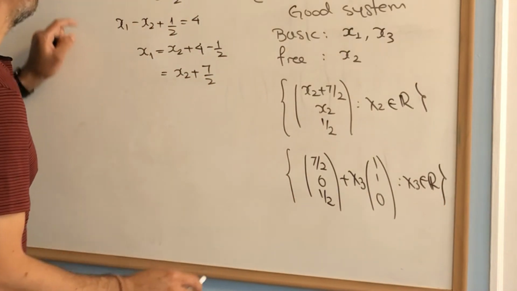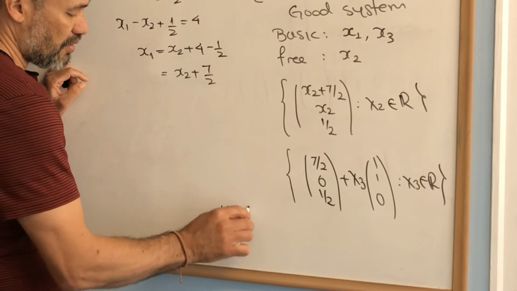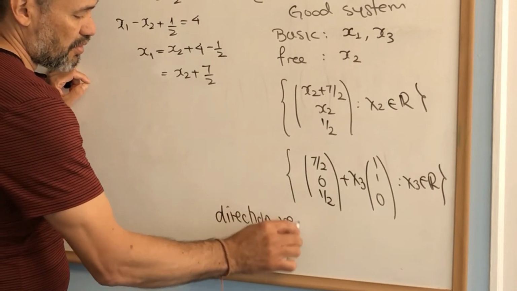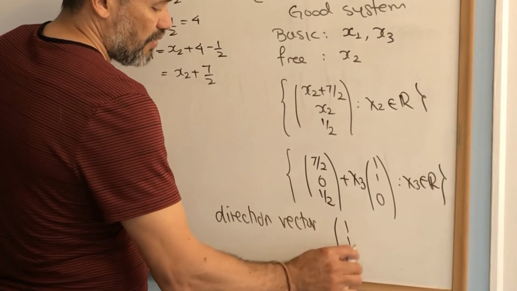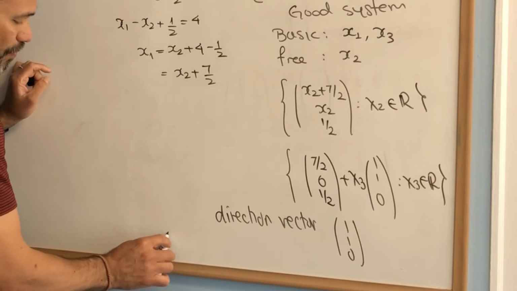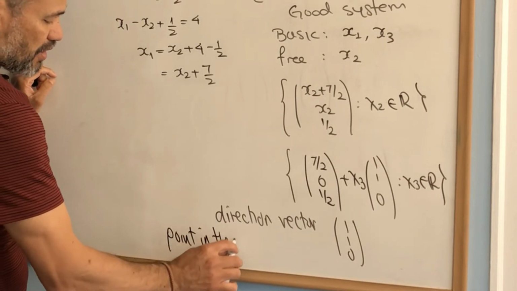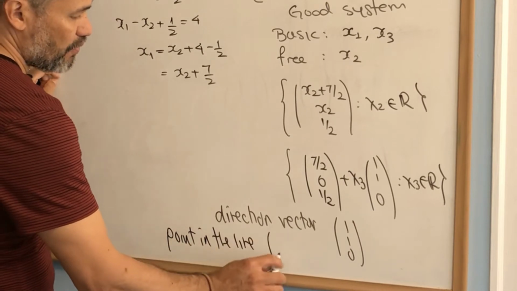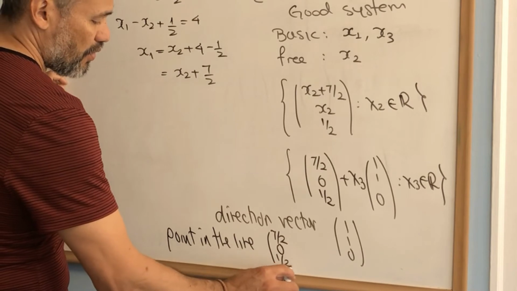That means that the direction vector is the vector 1, 1, 0, and a point in the line would be 7/2, 0, 1/2.